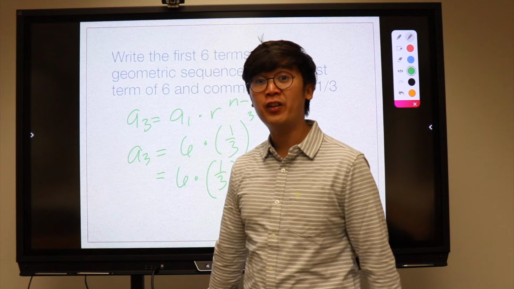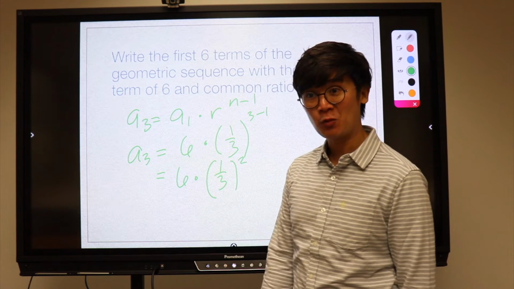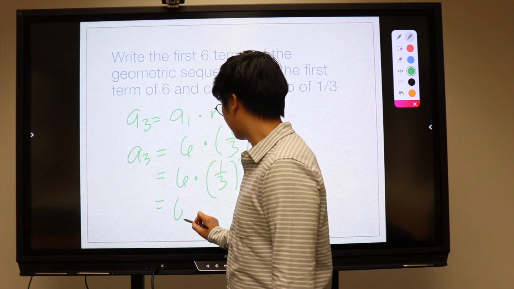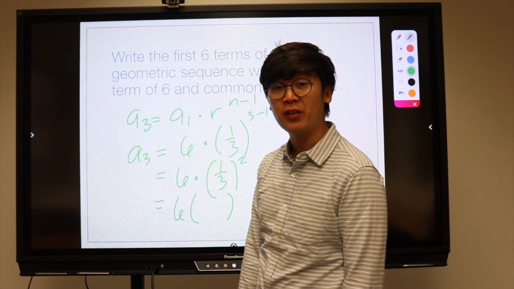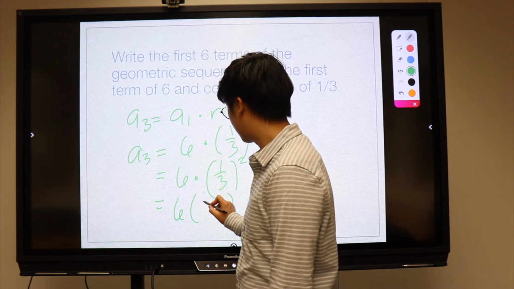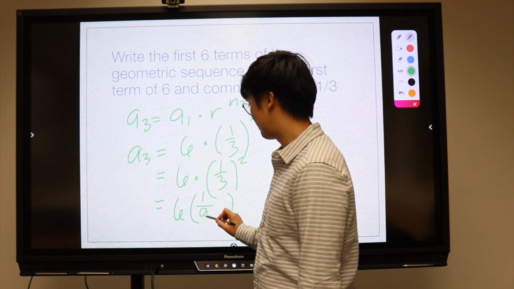And what is 1/3 squared? 1/3 times 1/3. 1 times 1 is? 1. 3 times 3 is? 9.